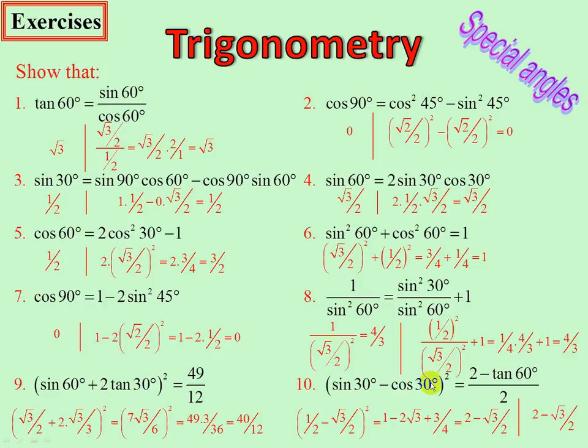Notice this we must simplify first, like that one, so half plus minus root 3 over 2. Now there we're going to square out the binomial, square the first. In fact, what I've done there is I've put that as a common denominator, 1 minus root 3 all over 2.